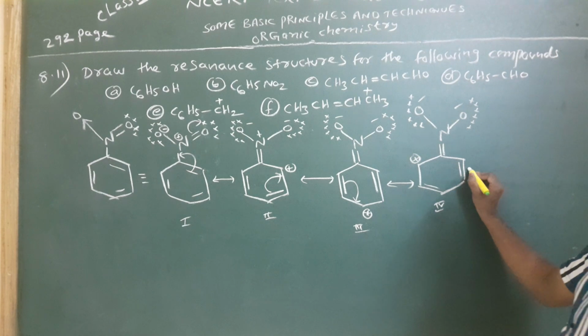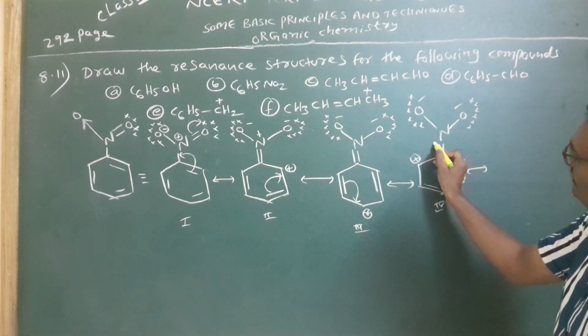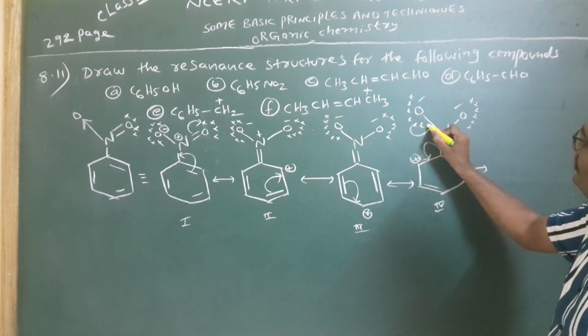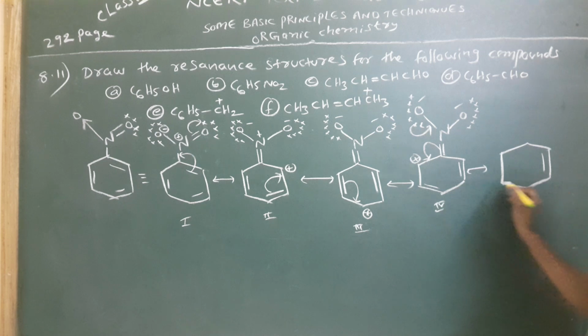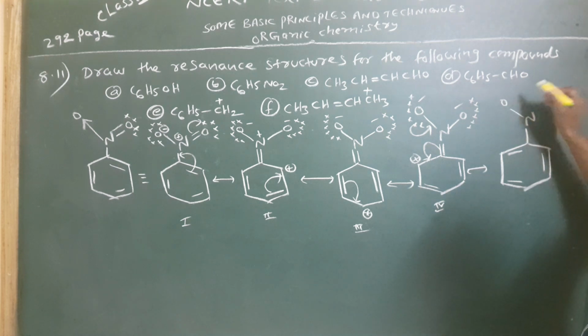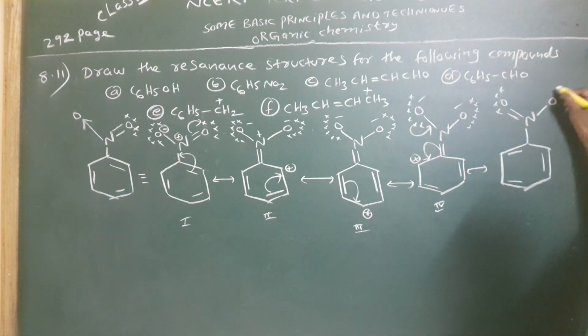Finally, this pi bond converts into this place, then 2 electrons convert into this place. So the final structure: double bond, in this place double bond, here nitrogen, oxygen has double bond, it contains 4 electrons, and again O minus, it has 6 electrons.